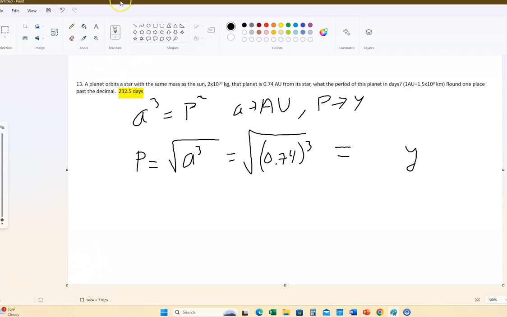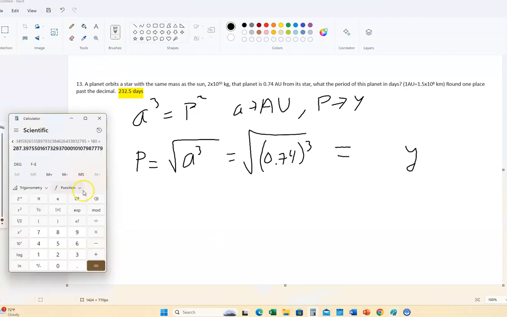So here, let's actually do this. Here's our calculator. Let's clear that. Enter 0.74, and then you've got to know how to raise something to the third power on your calculator. For this one, it's x to the y. You've got to be familiar with your calculator. By the way, if you ever bring your calculator into my office during my office hours, I can always figure out how to do this.